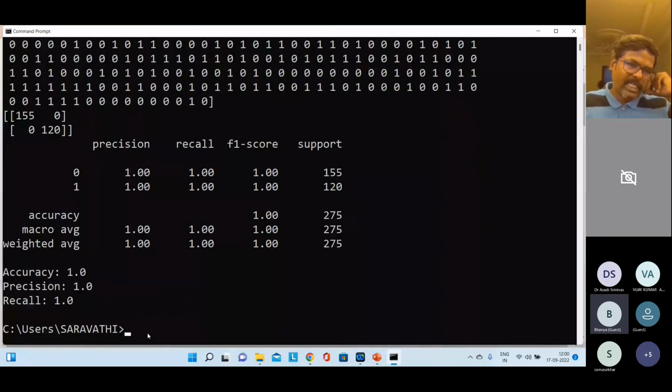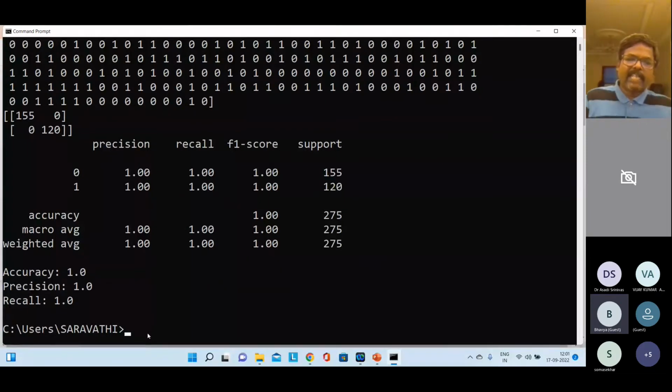So I have taken 155 instances, rows of a data set. It classified correctly. See here the confusion matrix. 155 correctly classified and 120 correctly classified. So I got 100% accuracy because I have taken 275 data.